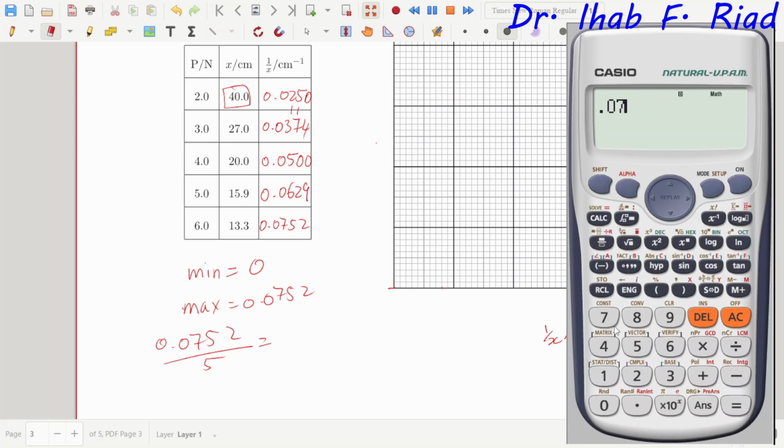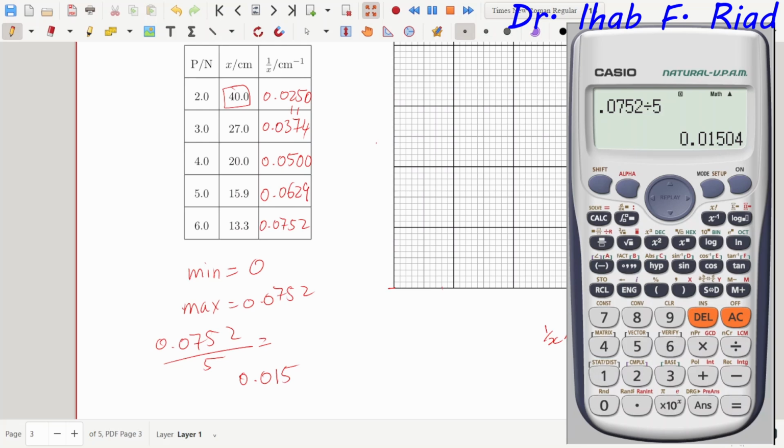So 0.0752 divided by 5 gives 0.015. Definitely 0.015 is not a good scale. A good scale to go is 0.02.